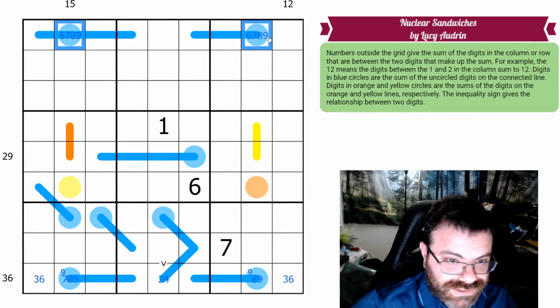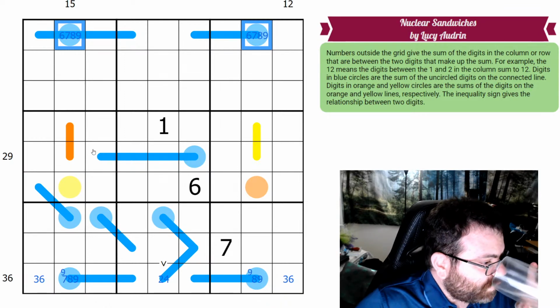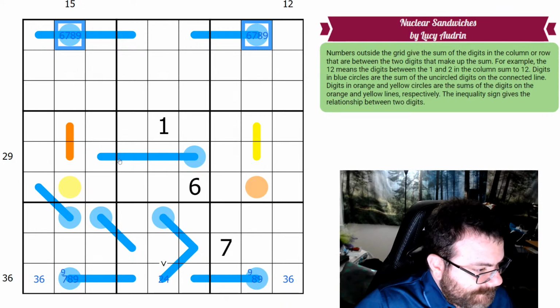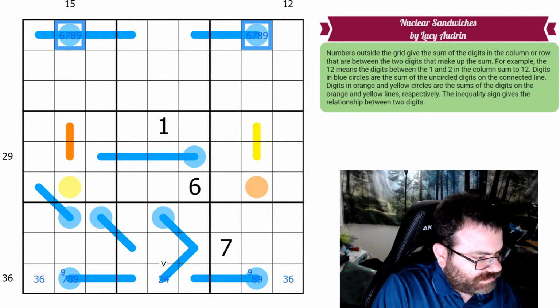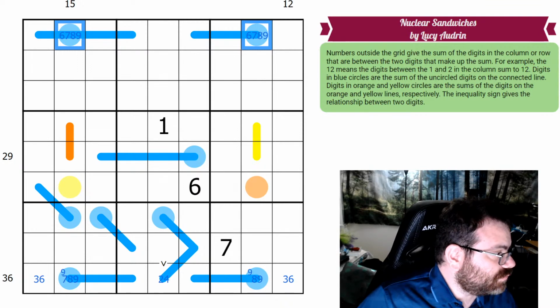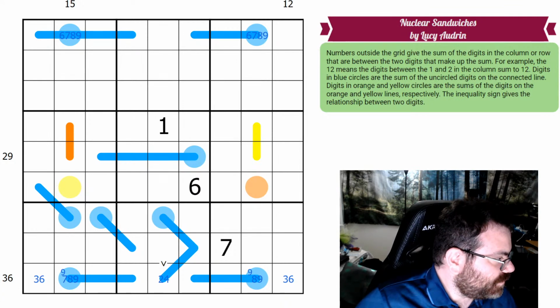So these two add to 15, so there's 6, 7, 8, 9. I guess I'll just keep going.